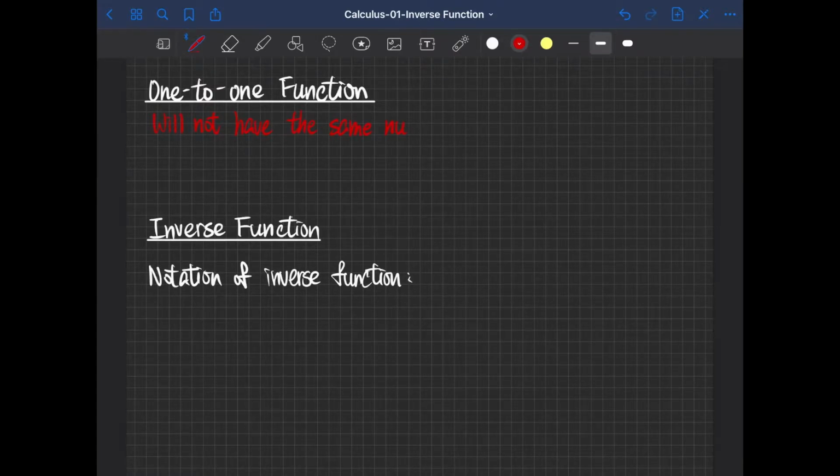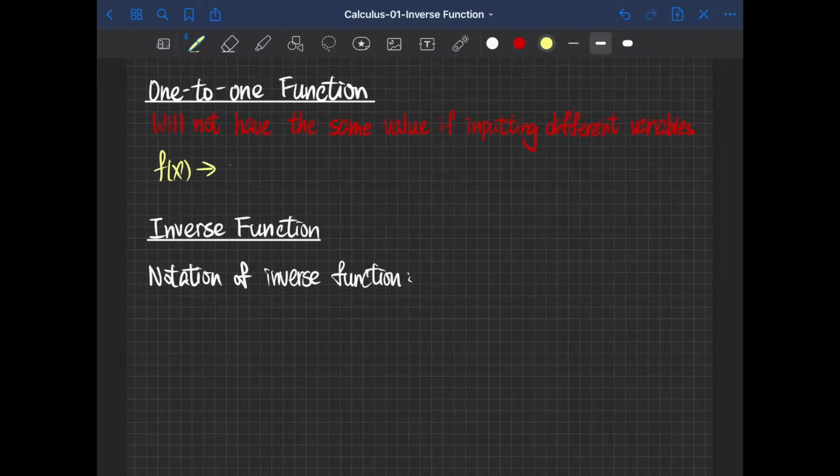If inputting different variables. Just like a function, we call it f(x).